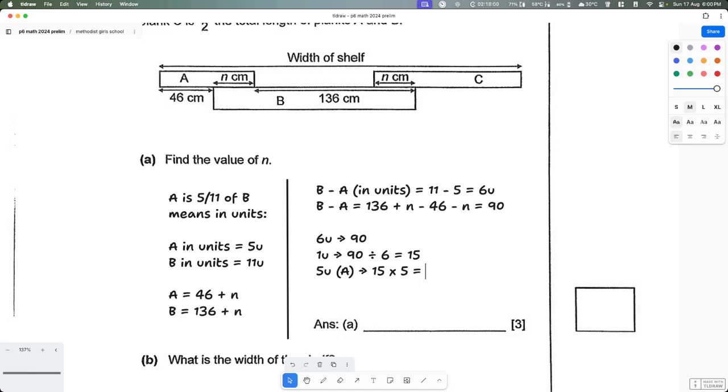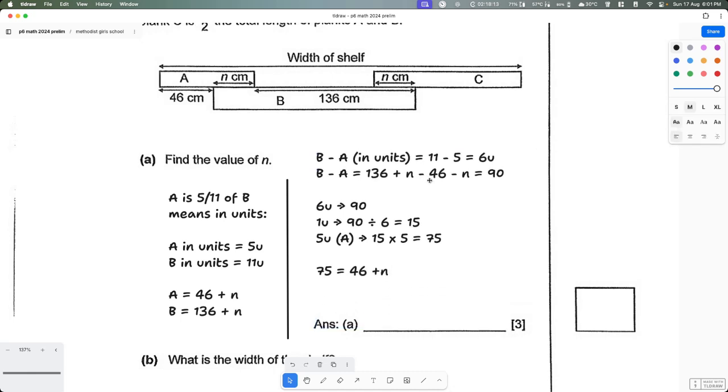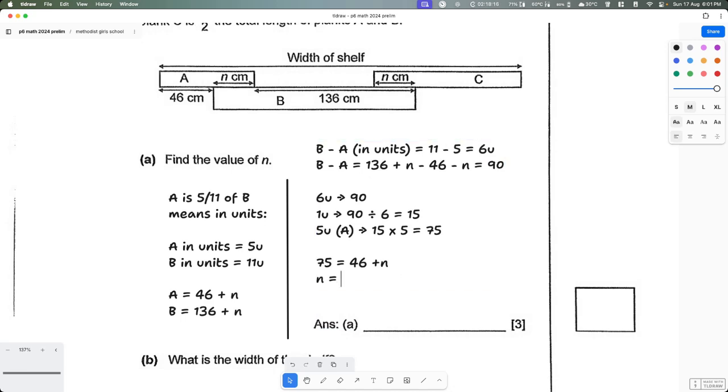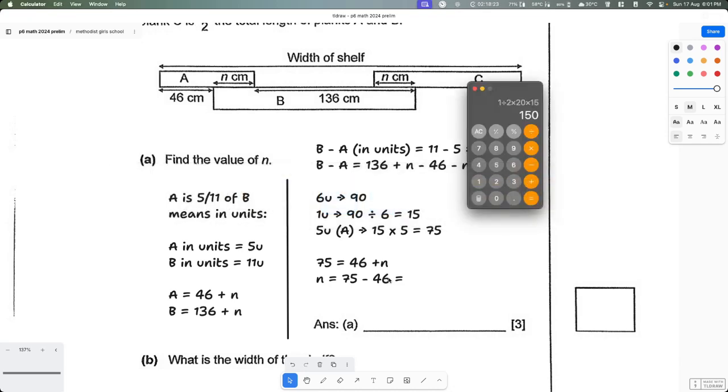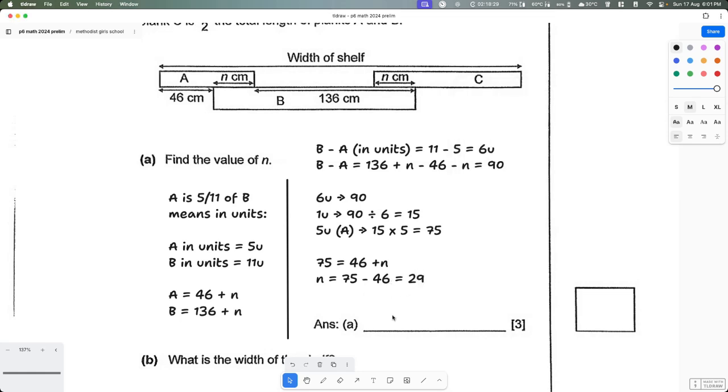This will become 75. So that means for A, 75 is equal to 46 plus N. So N is equal to 75 minus 46, and using the calculator, this will give us 29. Okay, there you go. So that's your answer. The answer is 29.